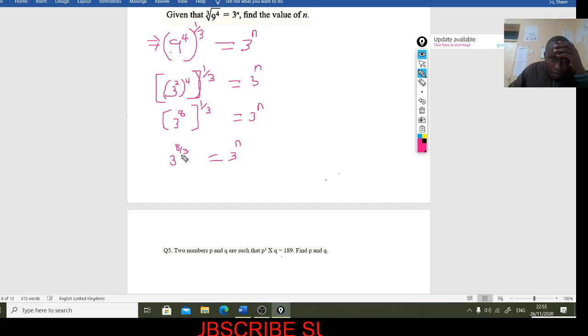The bases are the same and the powers are equal, so that means my n equals 8 over 3. It implies that n equals 8 over 3.